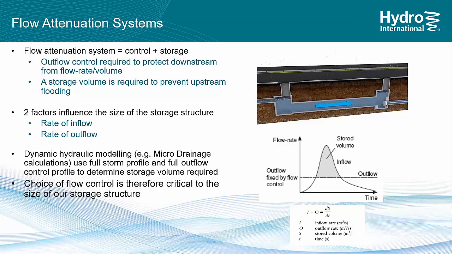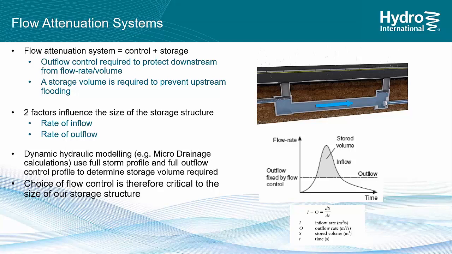The storage is also very much defined by the behavior of that flow control as it builds up to your peak design flow rate as well. So comparing vortex flow controls and orifice plates, because the behavior is different, that can end up leading to between a 30% to 15% increase in your storage volume that you might have to then hold on site.